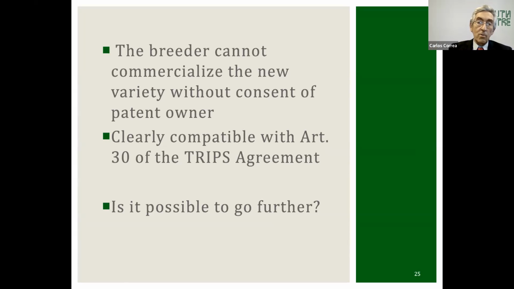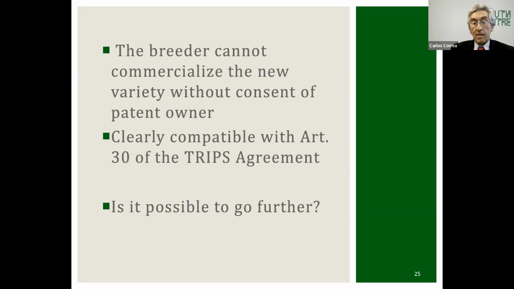So this is a limitation to the breeder's right. But if there is no essentially derived variety, in principle, the new breeder can not only do breeding and research, but also sell the new variety without the need of the consent of the original breeder.